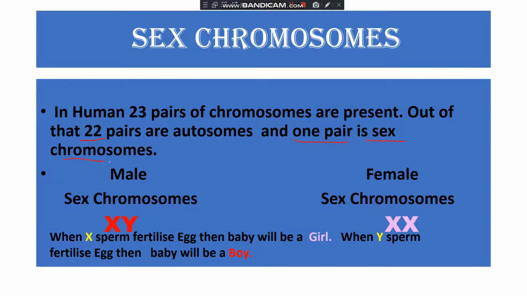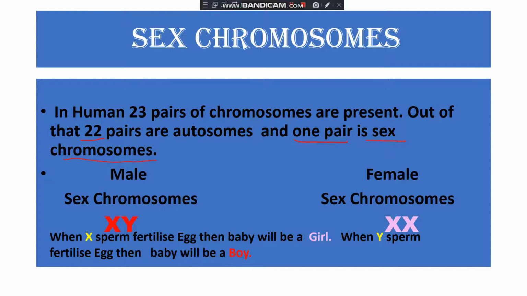Sex chromosomes are the chromosomes which determine the sex of a child. In male, the sex chromosomes are X and Y, and in female, the sex chromosomes are X and X. During gamete formation in male, the sperms will be of X type or Y type and the eggs will always be of X type.